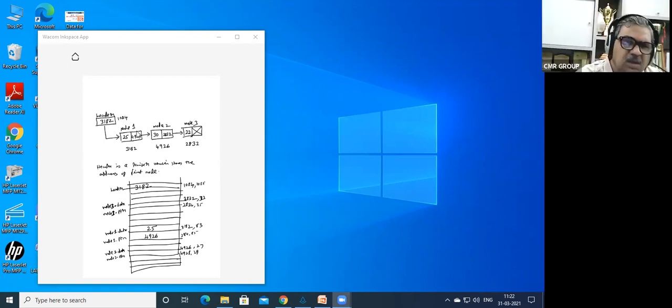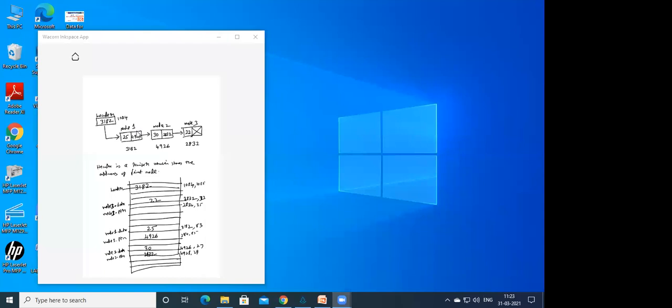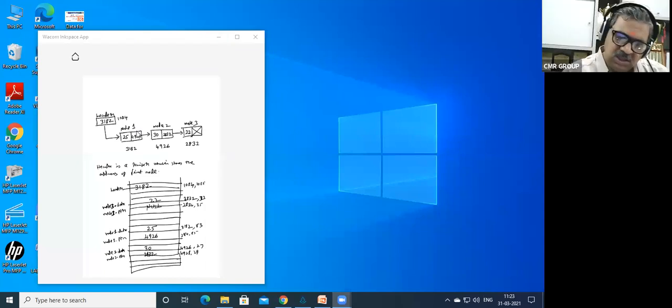Node 2 dot data is 30, and it stores the node 3 address, 2832. Node 3 dot data is 22, and node 3 dot ptr stores null. Now you see how the linking is done.